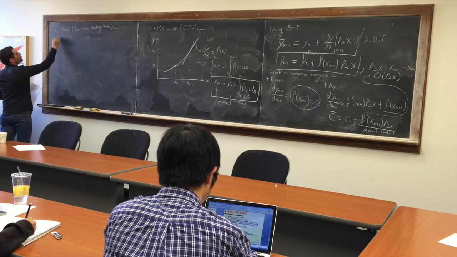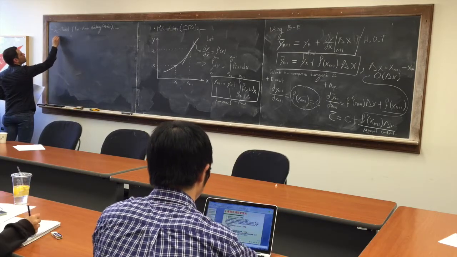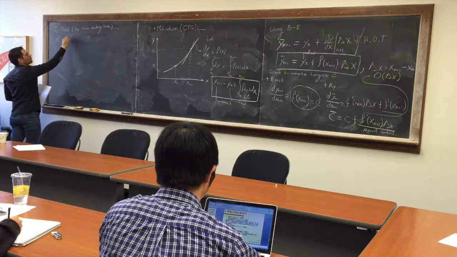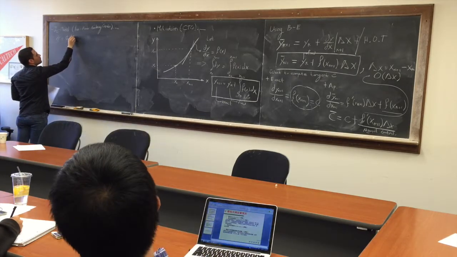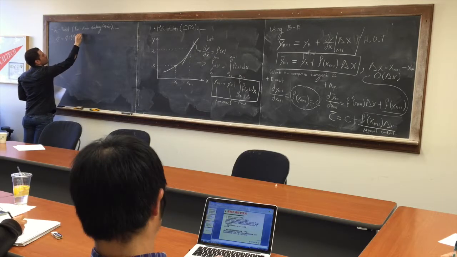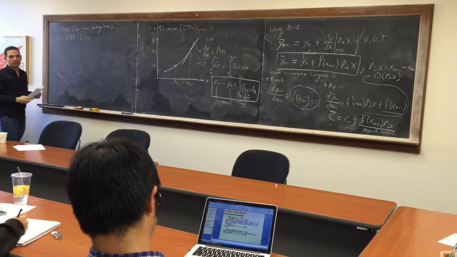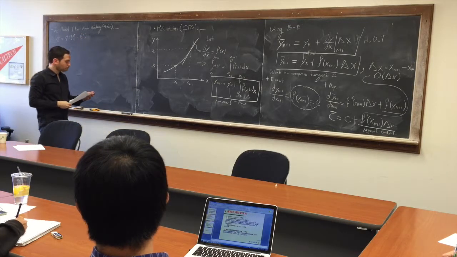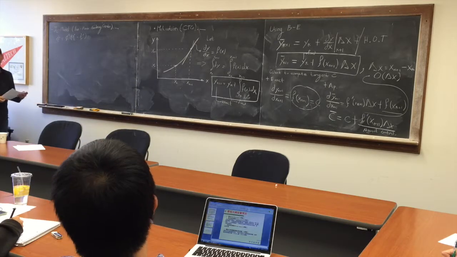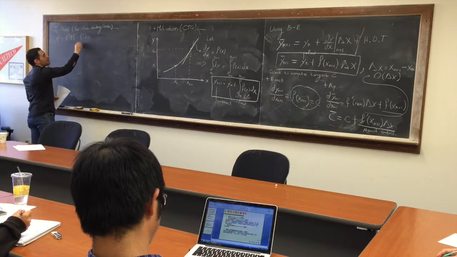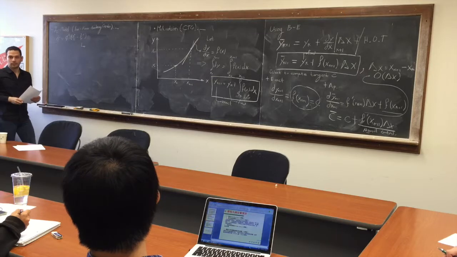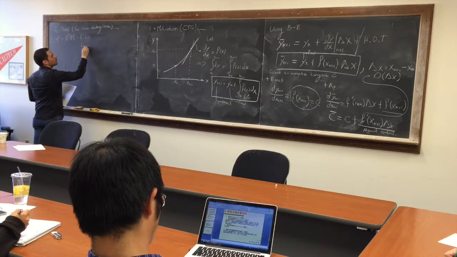So sigma prime is equal to C times the elastic strain rate. Now we can express it in terms of the flow rule, right? So this is equal to what?